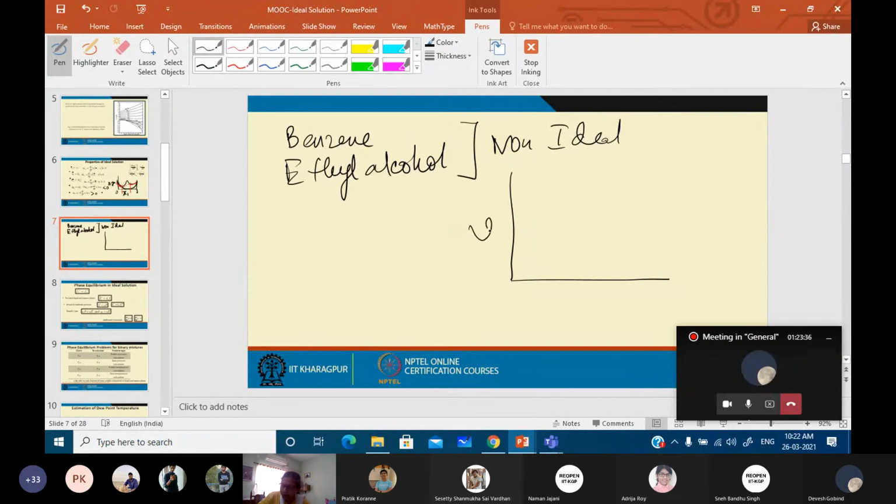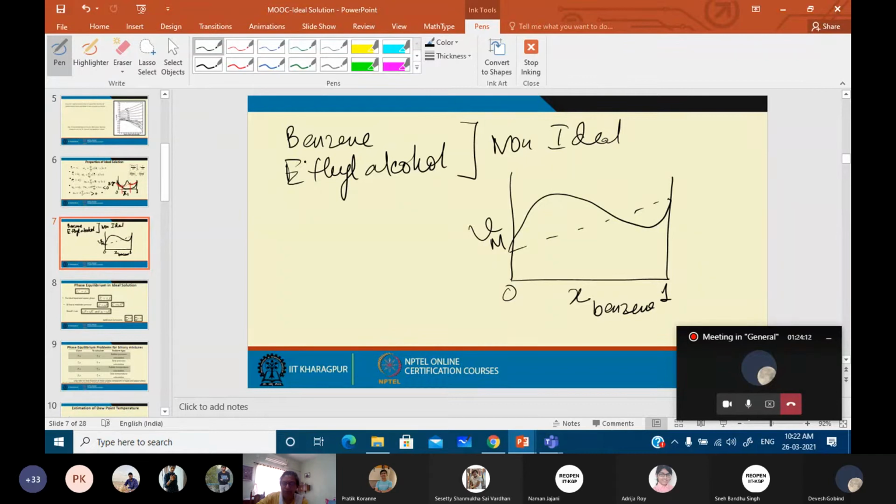But suppose you plot the molar volume of the mixture with the composition of benzene, again it goes from 0 to 1. What you find is that the graph is something of this sort, right? So when benzene and ethyl alcohol are mixing, initially there is an expansion in volume, and then there is a contraction in volume.